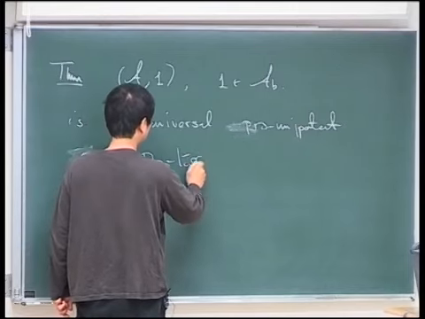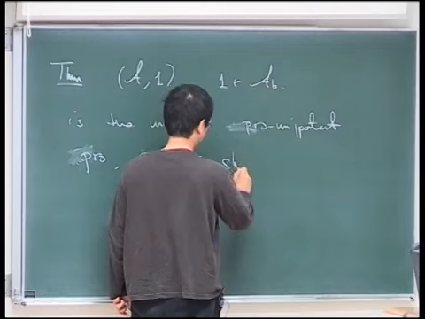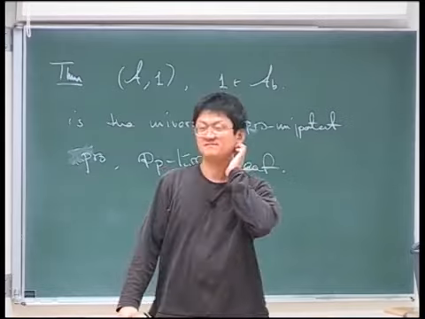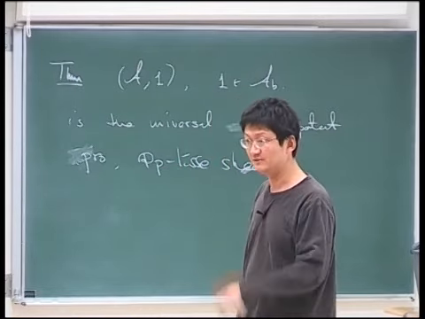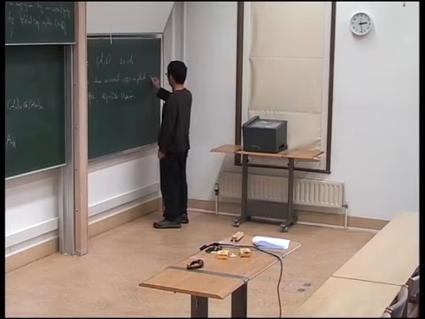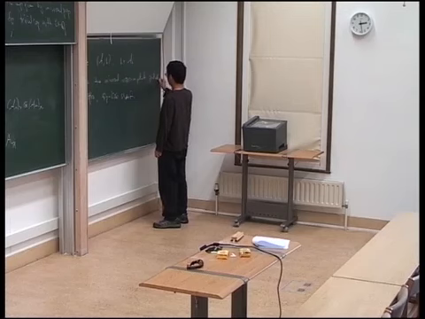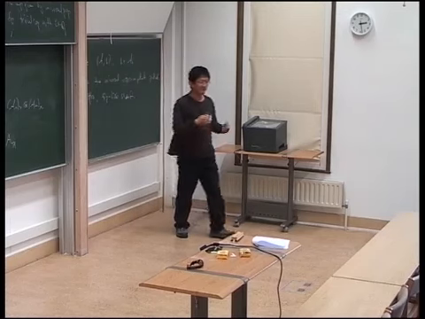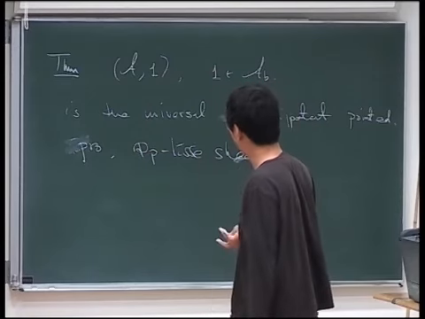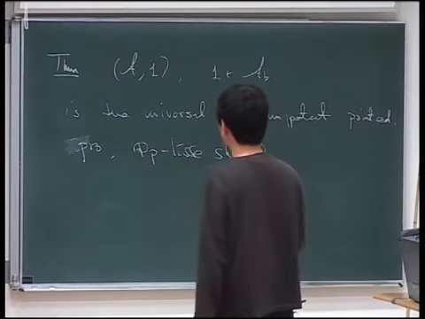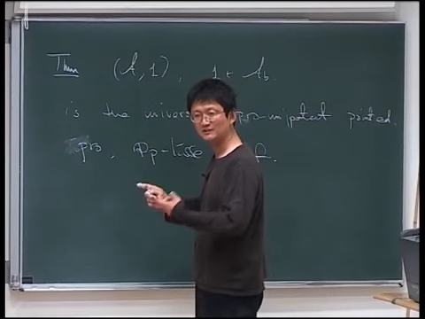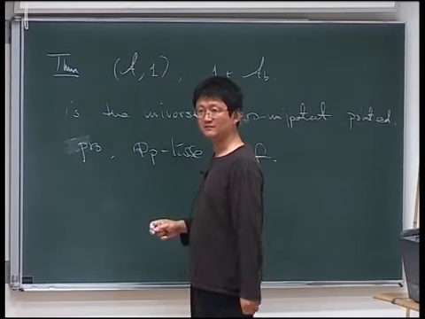I'll use that terminology since the objection already came up. This is the universal such sheaf, pointed. Meaning, given any other such unipotent lisse Q_p sheaf on X bar, there exists a unique map from this one to that one that takes 1 to that vector.